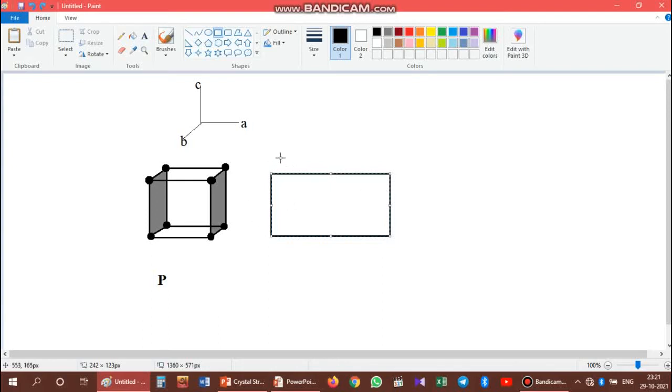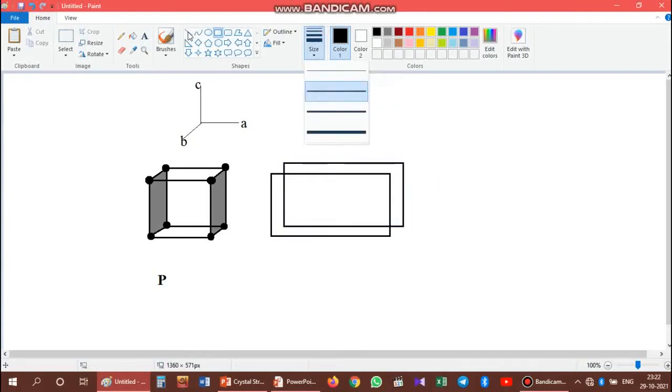So we have to draw similar 2 rectangles. Okay, then in between I have to draw one line, this is one line and this is another line.